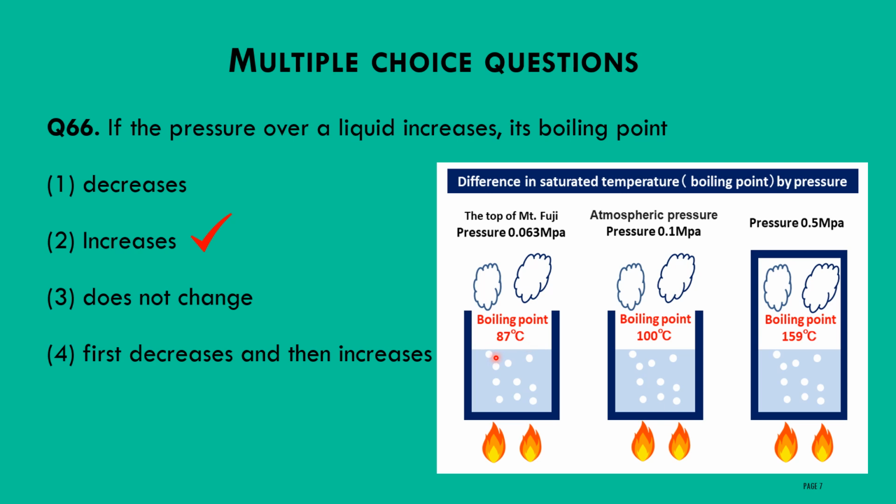To conclude that, let us see these examples. If the pressure is 0.063 megapascal, then the boiling point will be 87 degrees Celsius. In the first case, the pressure is less, therefore the boiling point is less compared to the other two.